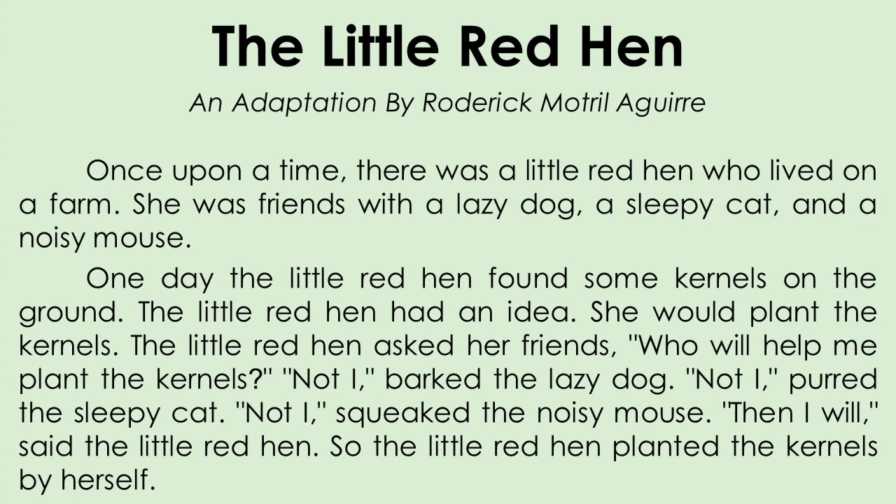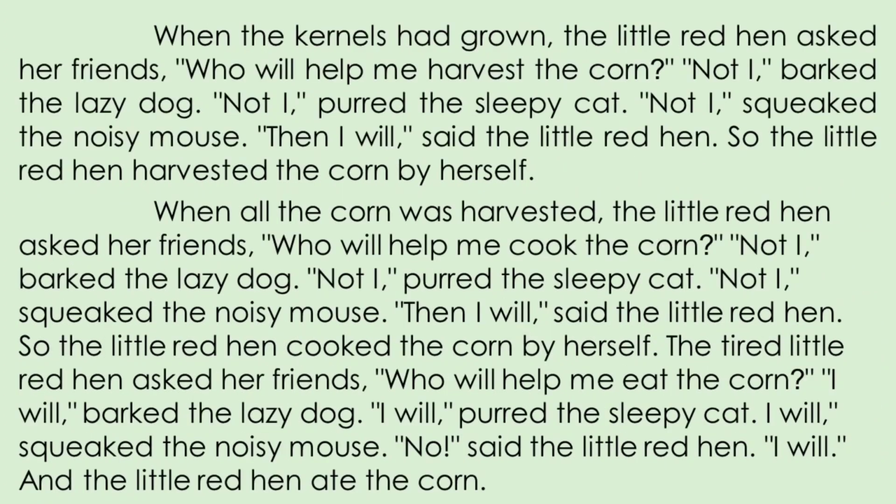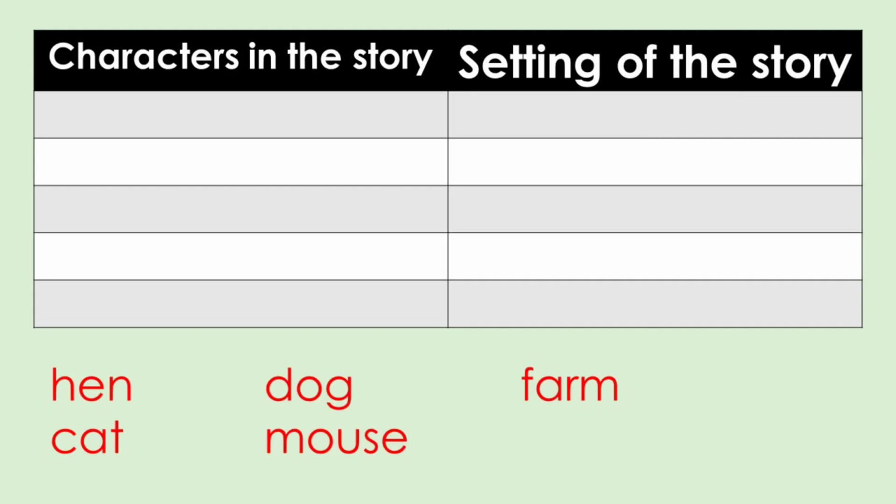Are you ready? Here we go! The Little Red Hen. Select the following words and write them in the correct box. Who are the characters in the story? Now, where and when is the setting of the story?